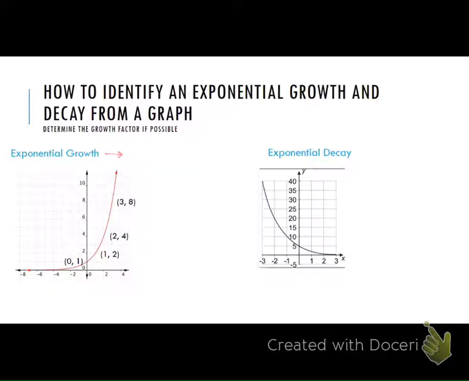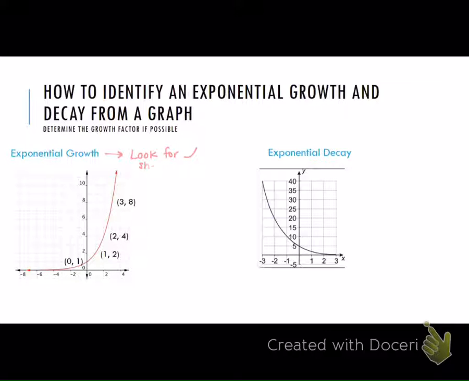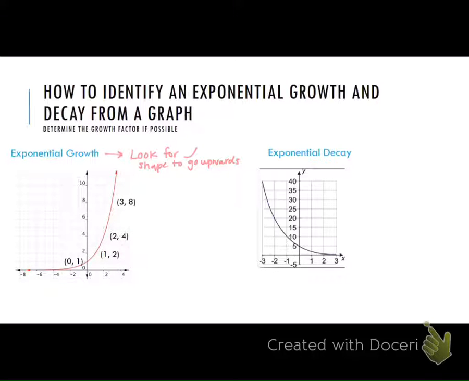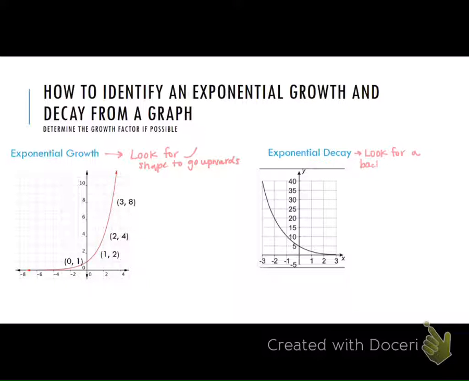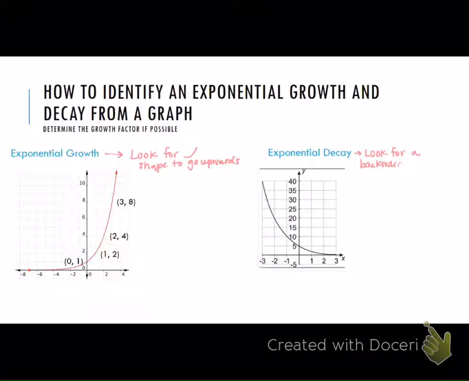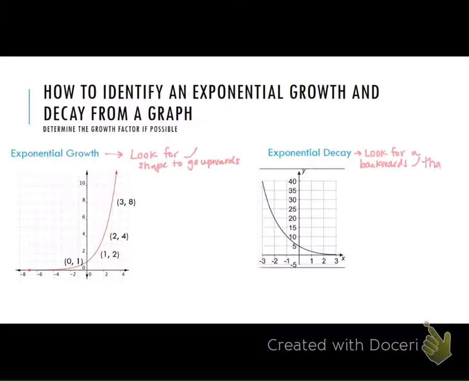So exponential growth means you look for the J shape to go up. For decay, you look for a backwards J that goes down.